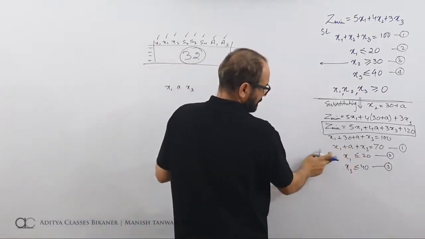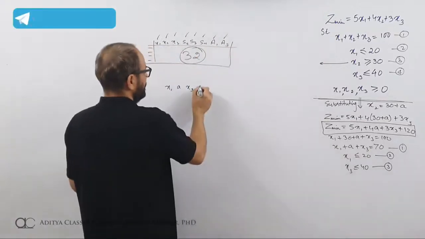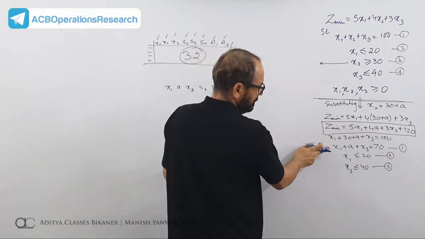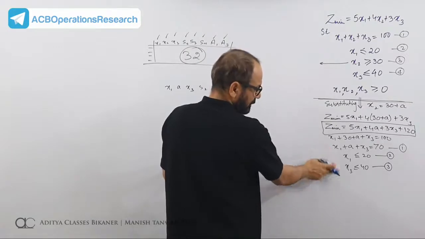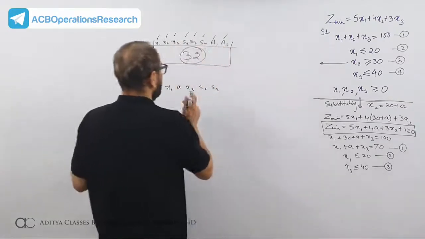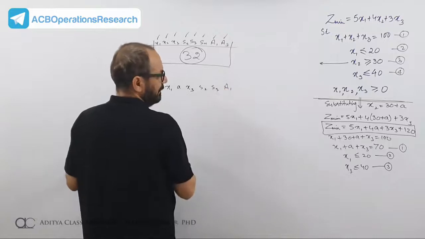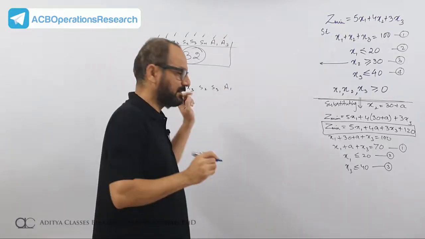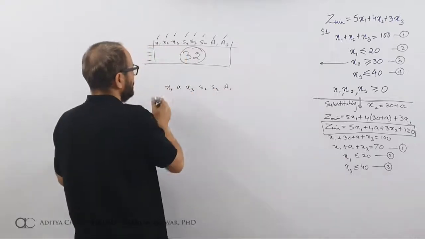As far as slacks are concerned, there will be s2 and s3. As far as artificial variables are concerned, I will be having only one, a1, since these are slacks. And we will see, I will even be removing this a1. For now, let us say this is my problem.